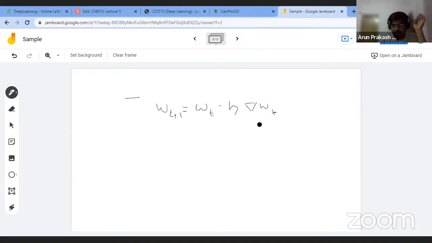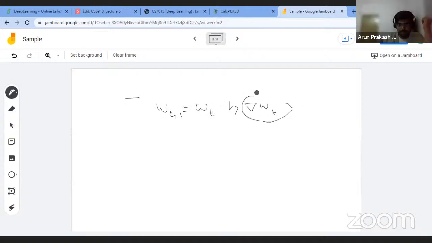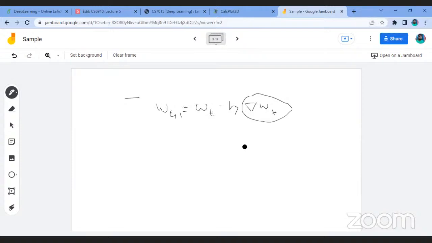So what does this gradient of W_t actually mean? How do you compute that? This is no matter what optimization. Are you computing the gradient with respect to the current W? Yes, sir.